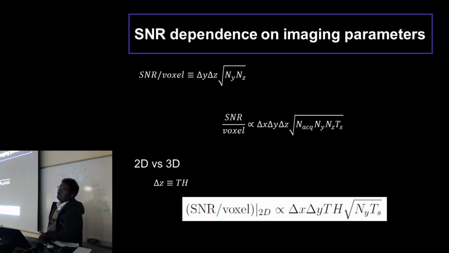So if you change the field of view keeping everything else constant, meaning the matrix size the same, you increase your field of view, then your signal to noise ratio is going to increase. Let's say you decrease your field of view keeping everything constant, then your signal to noise ratio would decrease because your voxel size has decreased. If you want to bring back the signal to noise ratio, then you would want to change, let's say, the gradient strength.